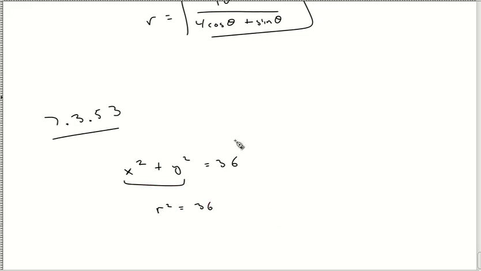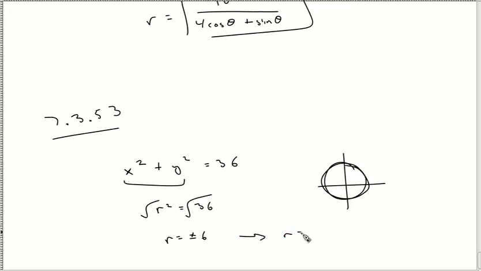It's one of my formulas I have way up ahead, way behind me, I guess. Square root both sides, you get plus or minus 6. But thing is that with a radius of negative 6, let's just say here's positive 6, here's negative 6. Awesome. Same circle. Okay, same circle. So what they want you to do in my math lab is simply put 6. Okay.